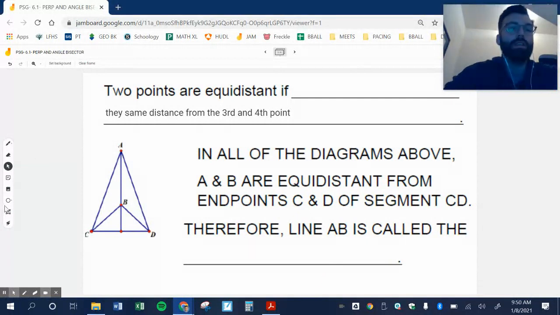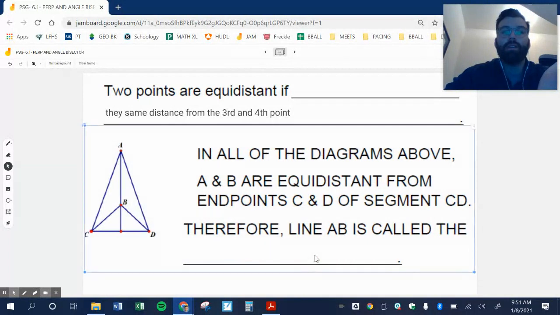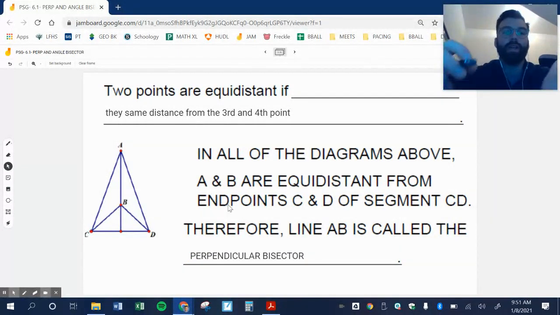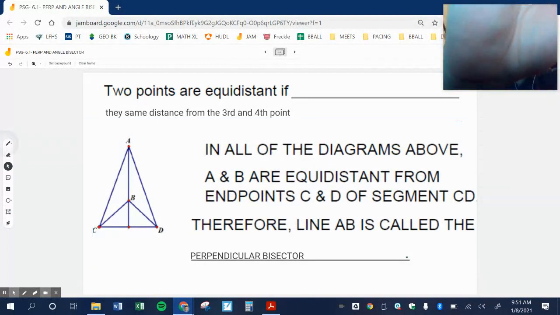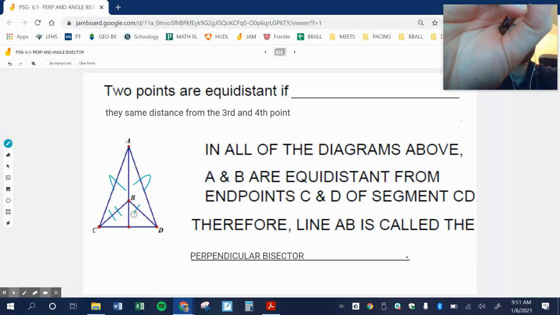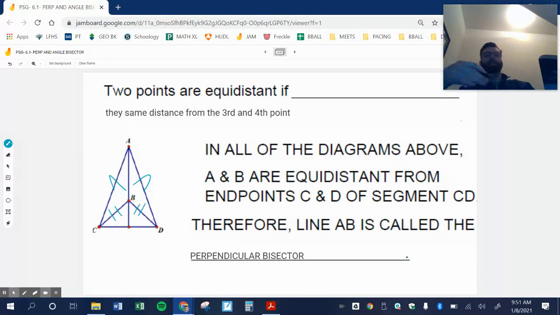Therefore, AB, this is a big thing for today, is called the perpendicular bisector. What does that mean to be a perpendicular bisector? We'll get into that on the next slide. So A and B are technically equidistant from C and D. All right, let's keep going.